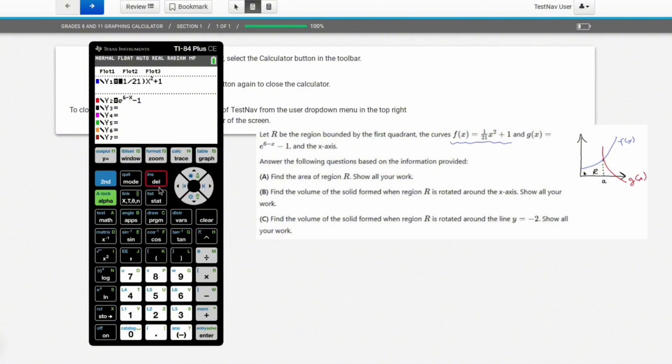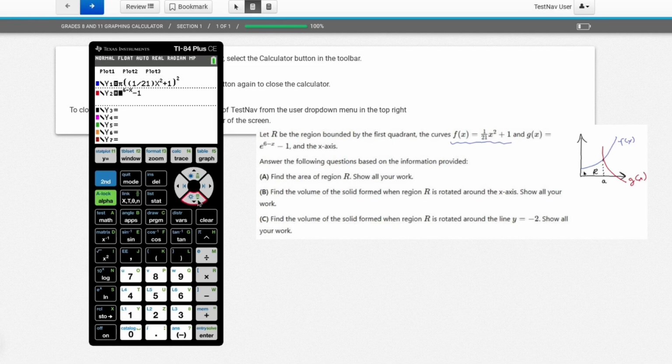I must have done something wrong. Oh, I know what I did. Second, caret, which is pi, and I'm going to add another parenthesis there, go all the way over here, close the parenthesis, and then make that squared. Okay, so now it's exactly what I want it to be.